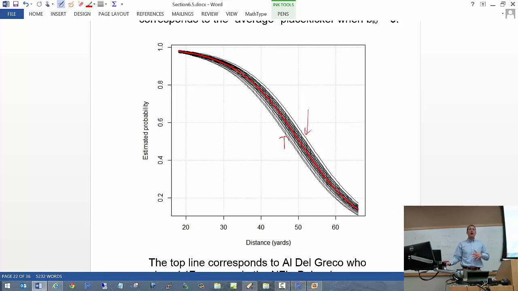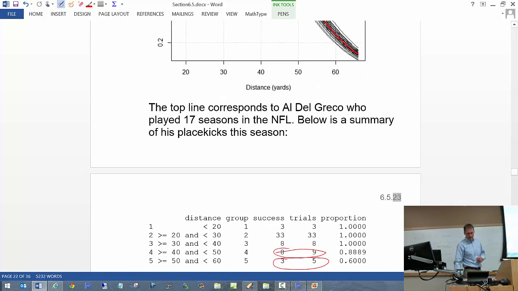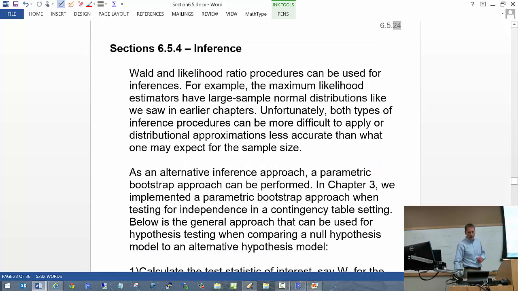We're going to do some formal hypothesis tests later that basically conclude that too. Or it's going to tell us that there's not sufficient evidence to indicate that truly there are differences amongst these place kickers. Are there any questions?